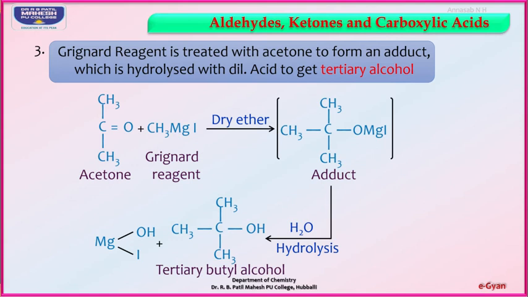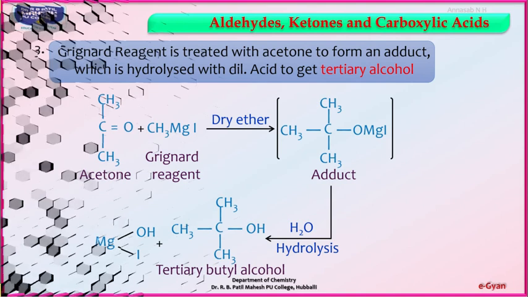I repeat, formaldehyde reacts with Grignard reagent followed by hydrolysis to form primary alcohol. All other aldehydes except formaldehyde react with Grignard reagent followed by hydrolysis to give secondary alcohol. Ketones react with Grignard reagent followed by hydrolysis to give tertiary alcohol.